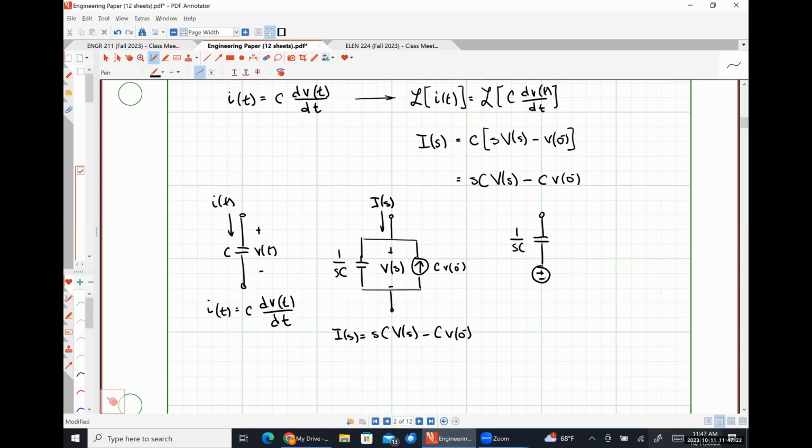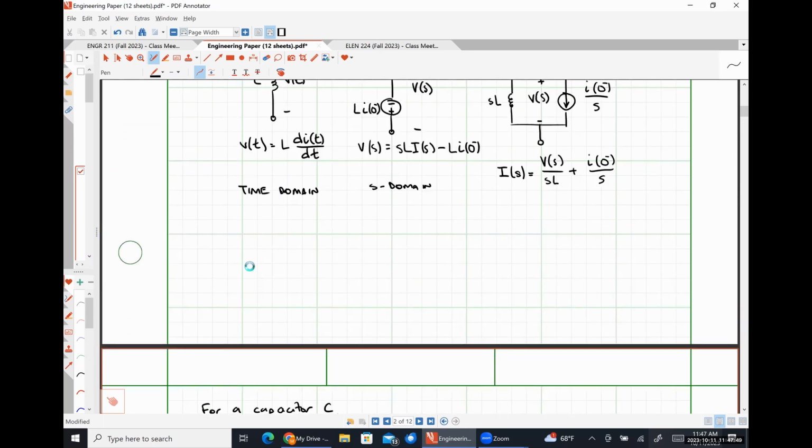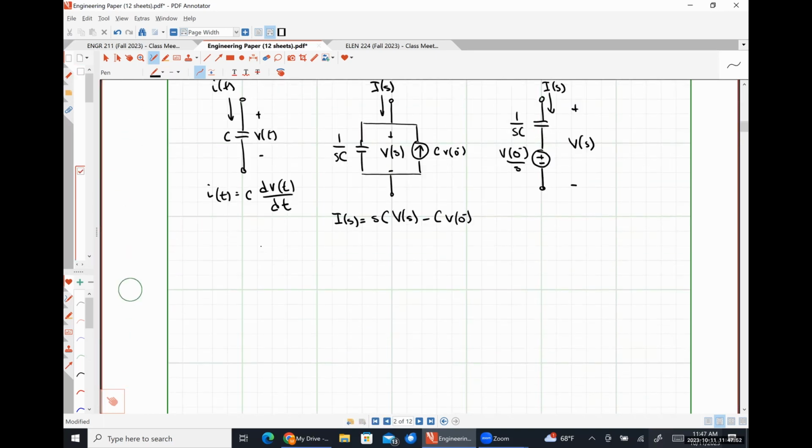Here is our voltage source, V at 0 minus divided by S. The voltage drop across this whole thing is V of S, and the current flowing down is I of S. And let me see if I did it up here. Yeah, I did. Okay. Sorry for scrolling so quickly, that was a mistake.